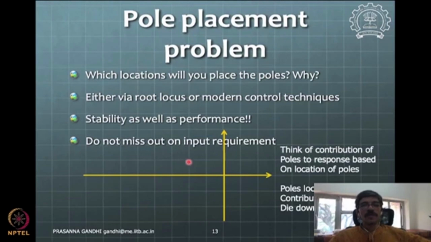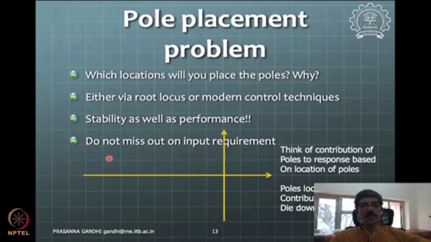So what are the criteria to think about? One is the stability criterion, which is already satisfied, but the other criteria are performance and input requirement. If we start from the performance perspective, we know that if the poles are far away in the left half, then their contribution to the output is very low, in the sense that the contribution dies down fast.